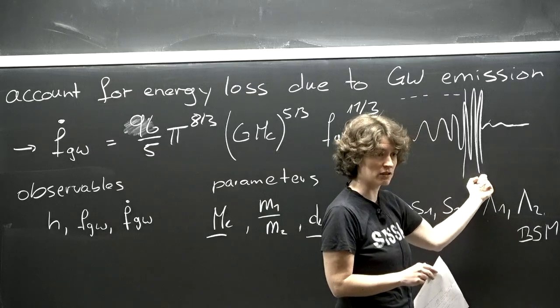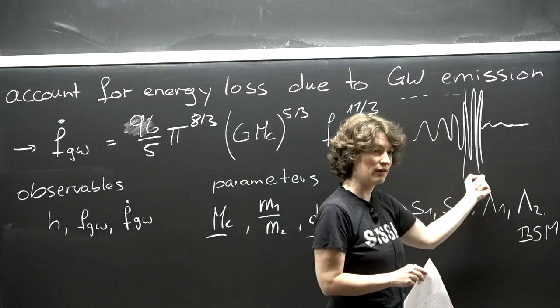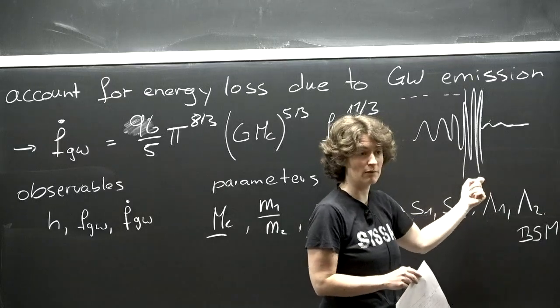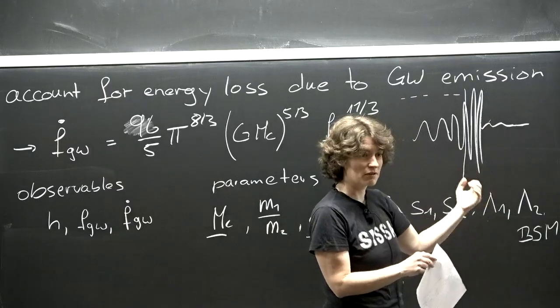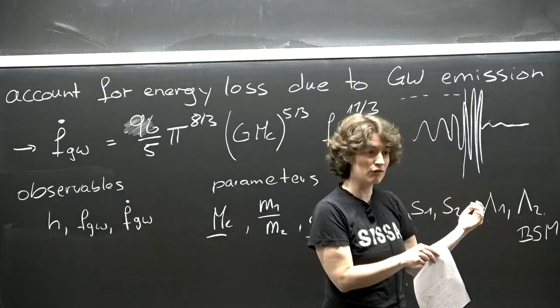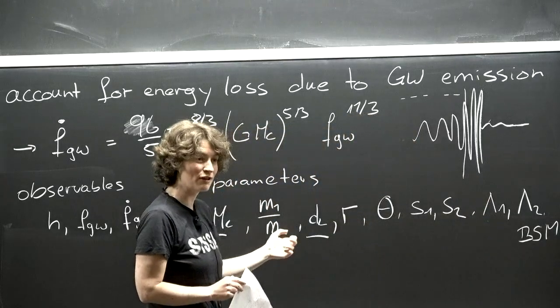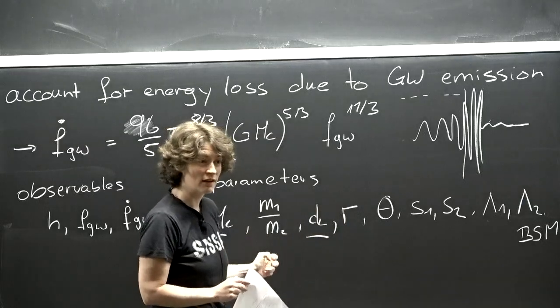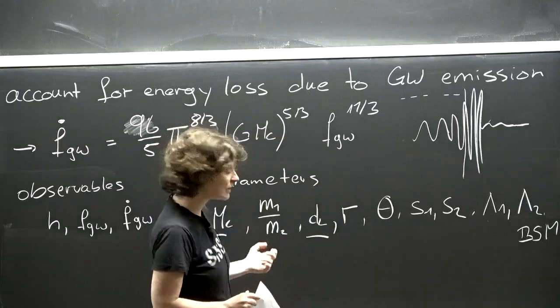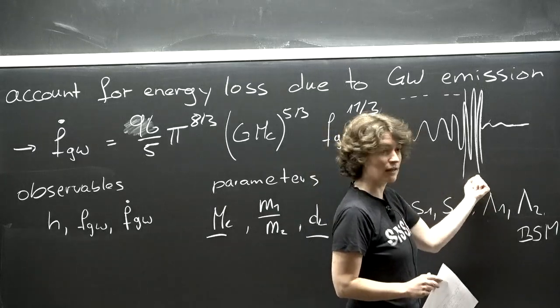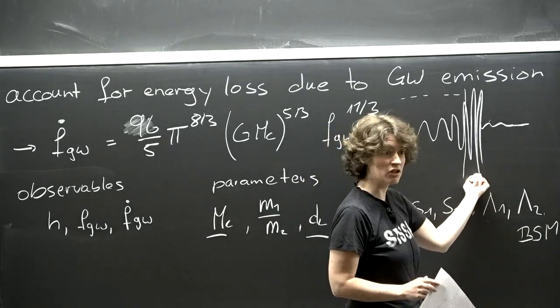So that's why it's so important to nail down and have a fast way of doing this, because we can compute this in numerical relativity, right? I mean, we know GR. But the problem is numerical relativity is expensive, and these are many parameters, and you can't run simulations scanning over all of these. Too expensive. So this is why people are working on analytical or semi-analytical ways to nail down what happens in this region as a function of the parameters.